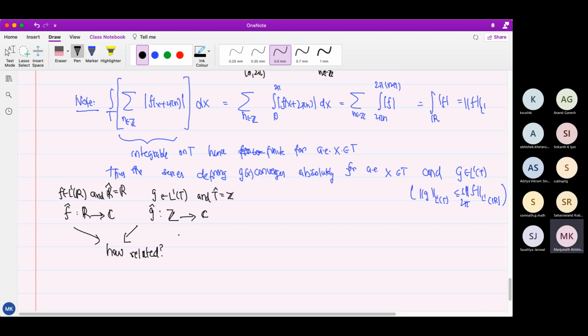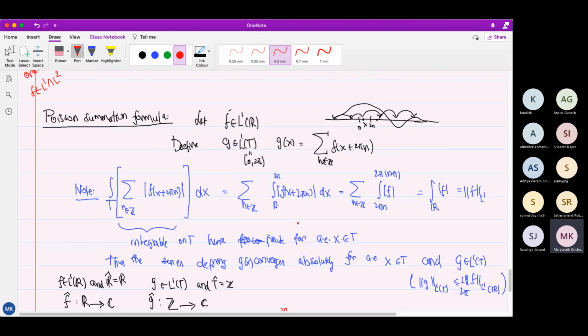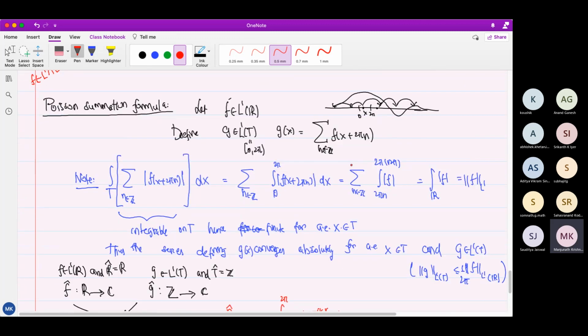So let's do a calculation somewhat formally. So if you do the Fourier coefficient, G hat of k, by definition, it is the integral from 0 to 2 pi of G of x e to the minus i k x dx over 2 pi. Okay. And what is G? G is a sum of these things.